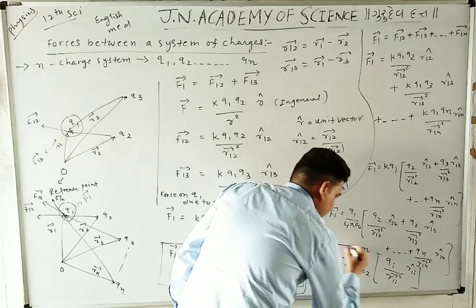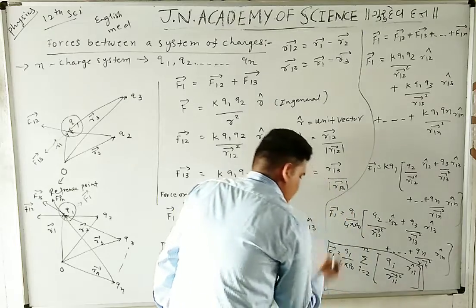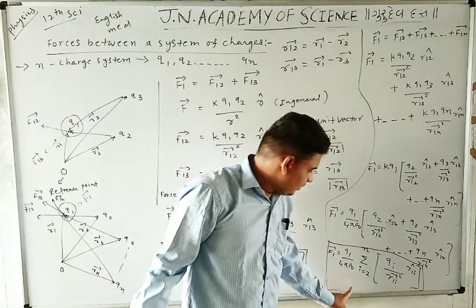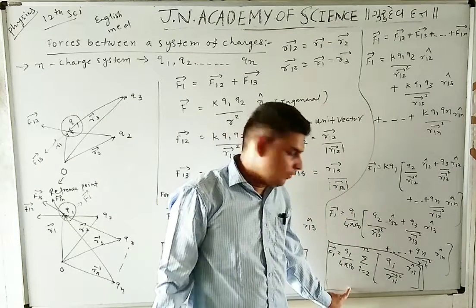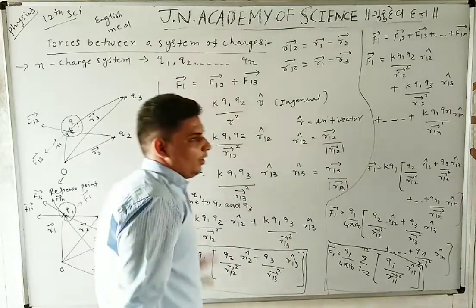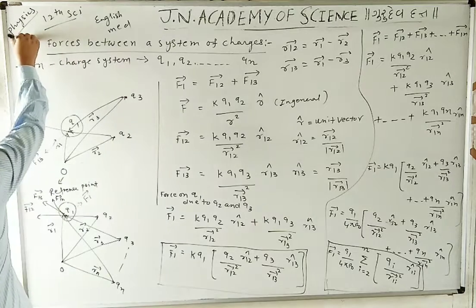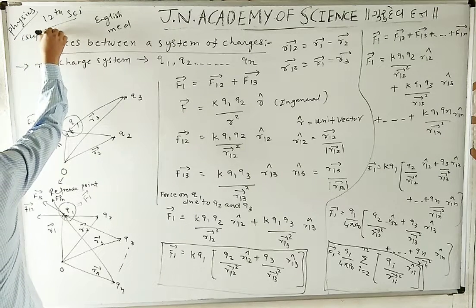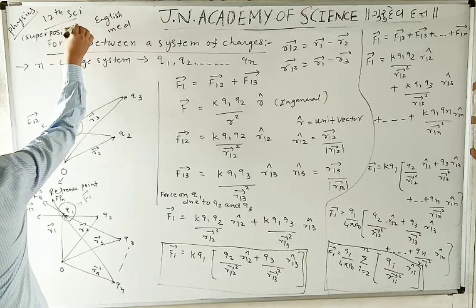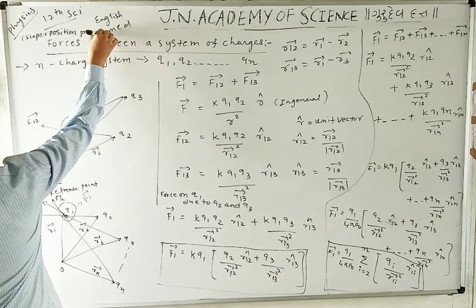So this is nothing but the theory of the system of charges, forces between a system of charges, and this principle is also known as the superposition principle. So in the examination you have two types of question.